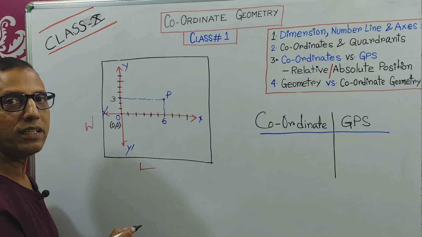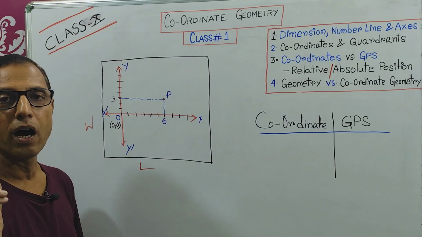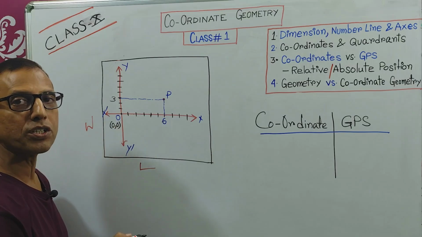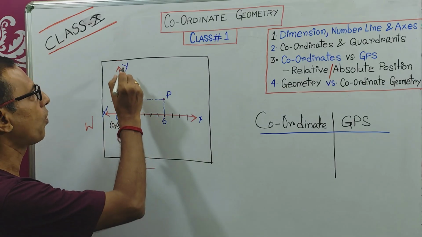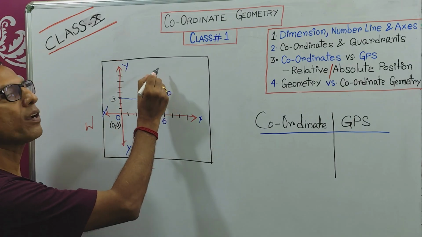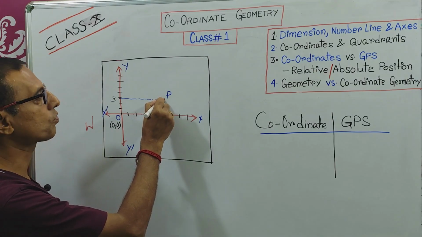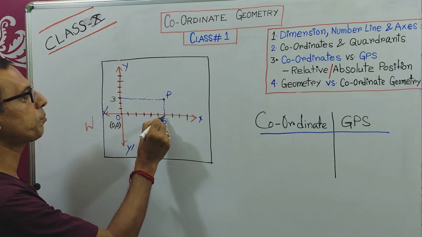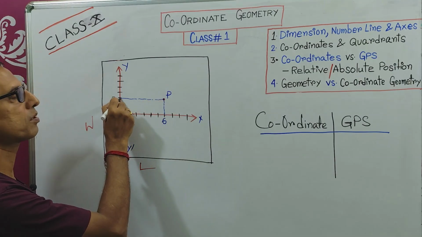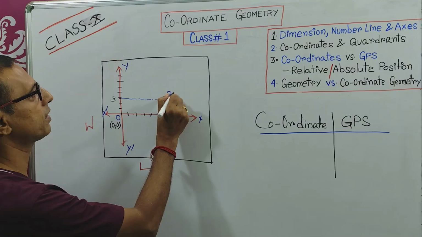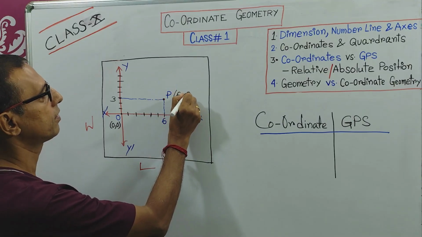But what will be the sign to give the position of that particular point? For that you need to first see in which quadrant it is. It is in the first quadrant, right? So this is positive 6, this is positive 3. So that means it is 6, 3.